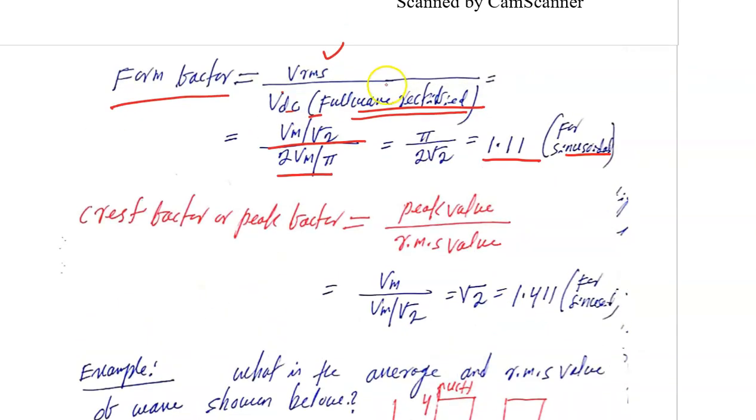Right? See the definitions: the RMS value and the VDC of the full wave rectified wave. This is your full wave rectified wave. I have already given the expression for the VDC of the full wave rectified wave, which is 2 Vm upon pi.